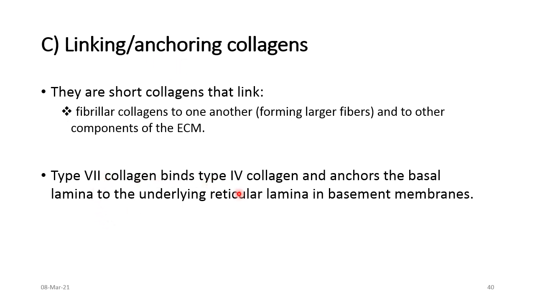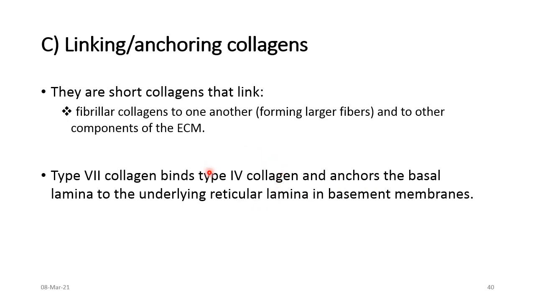Type 7 collagen binds type 4 collagen, which is found in the basal lamina, and anchors the basal lamina to the underlying reticular lamina of the basement membrane. So type 7 collagen links type 4 collagen, which is all in the basal lamina, with the reticular lamina.